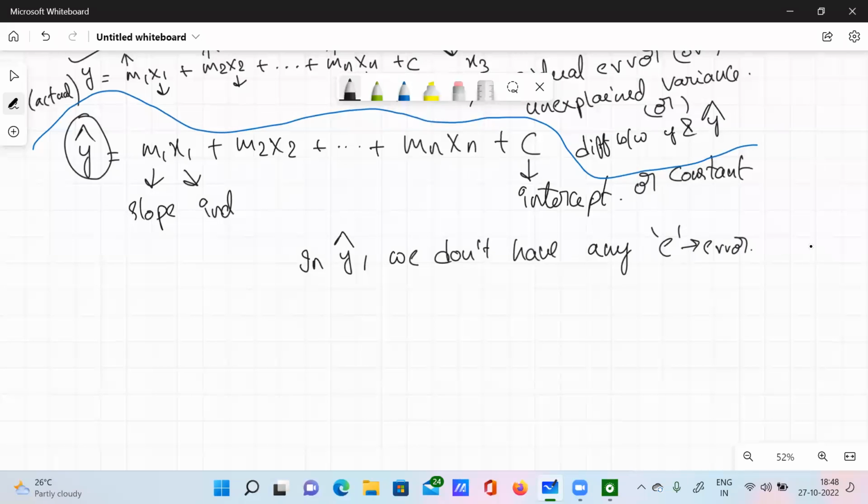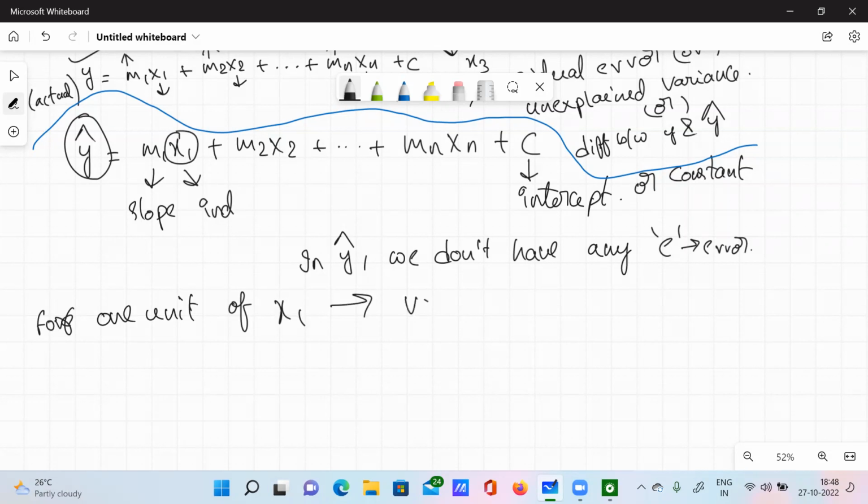So what I can do is, for example, if I consider this particular point, that is x1, so for one unit of x1, what will be the value of y?